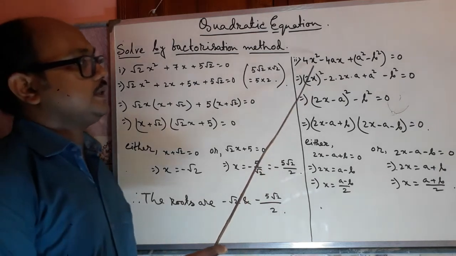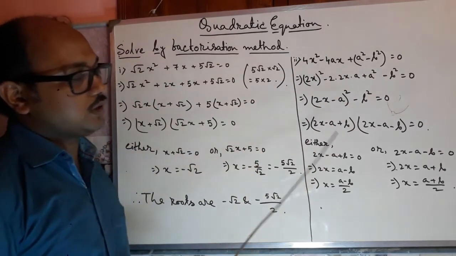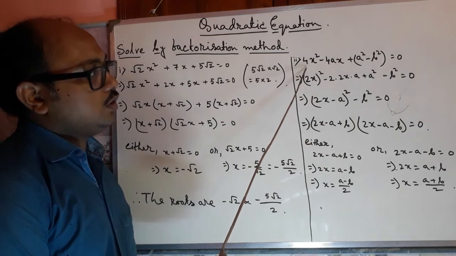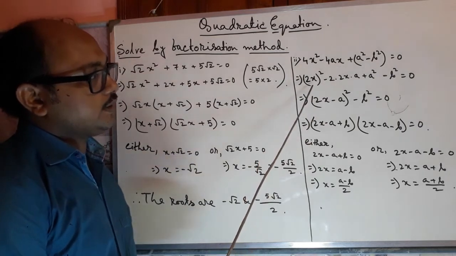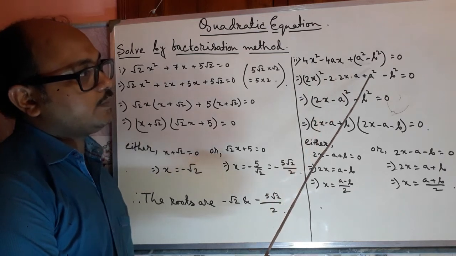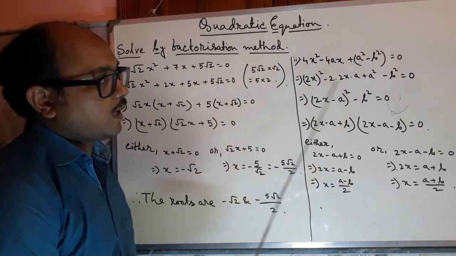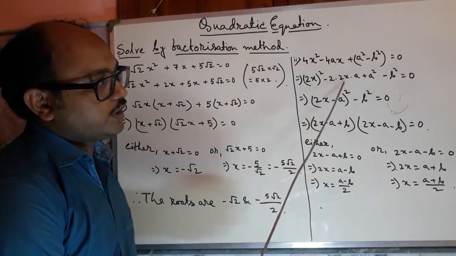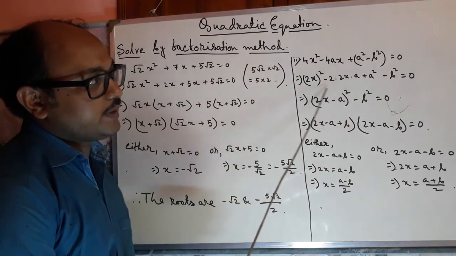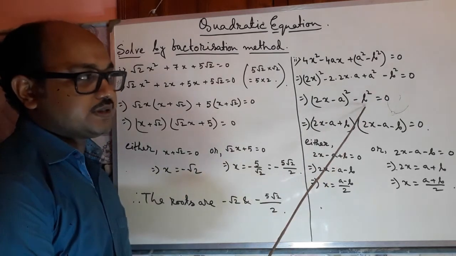And another equation is given: 4x² − 4x + a² − b² = 0. So 4x² is (2x)², minus 2 into 2x into a, plus a². What are these three terms? a² − 2ab + b² is (a − b)², so this is (2x − a)² − b² separately.